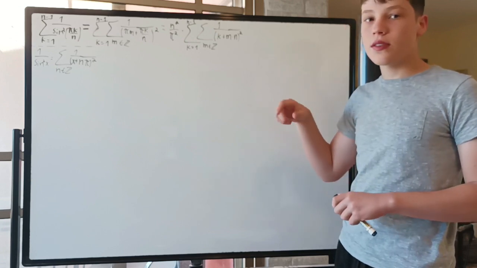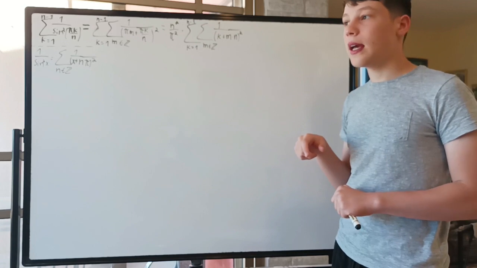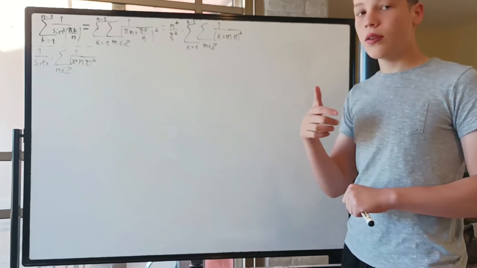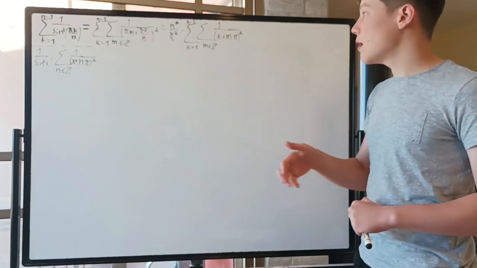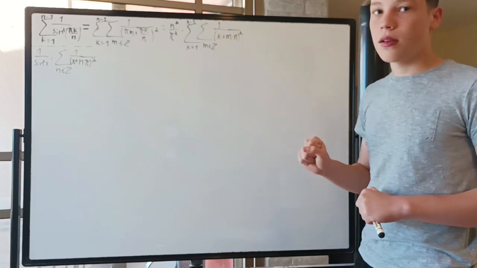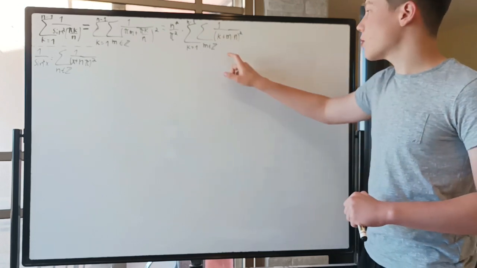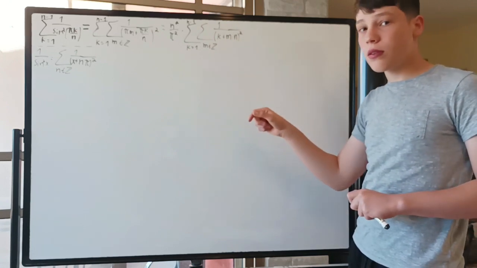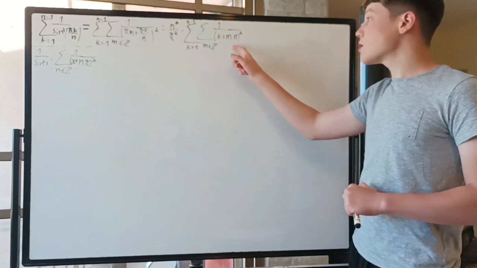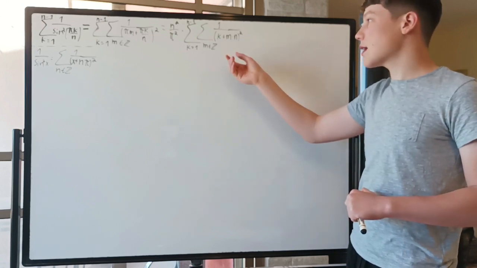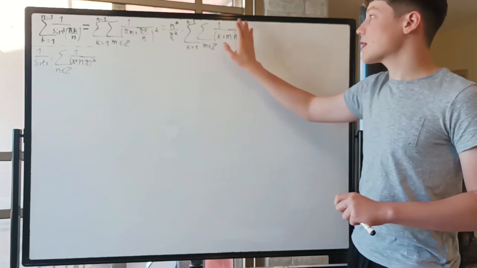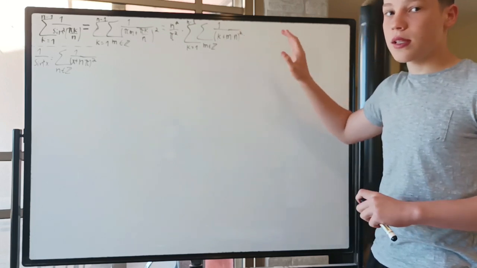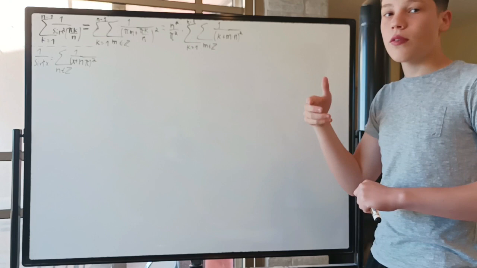Because each number that's not divisible by n, after dividing by n, could have a remainder of 1, of 2, all the way up to n minus 1. And this is represented by this k. And so we'll exactly sum over k plus m times n, where k is the remainder, and then m is just what's left to get to that exact number. So this is basically summing over all the numbers that are not divisible by n of 1 over that number squared.